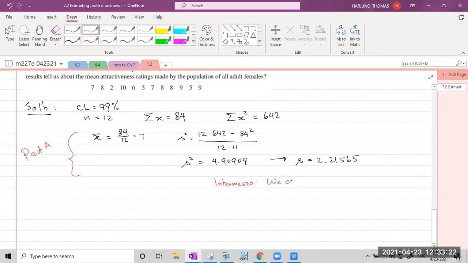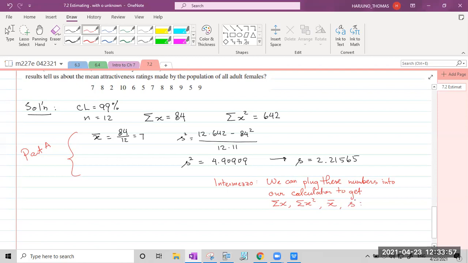We can plug these numbers into our calculator to get all of this: the sum of x, the sum of x squared, the x bar, and the s.